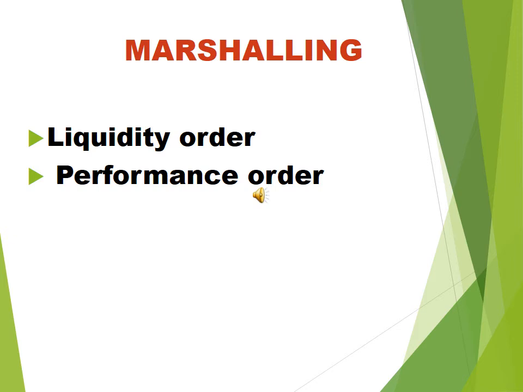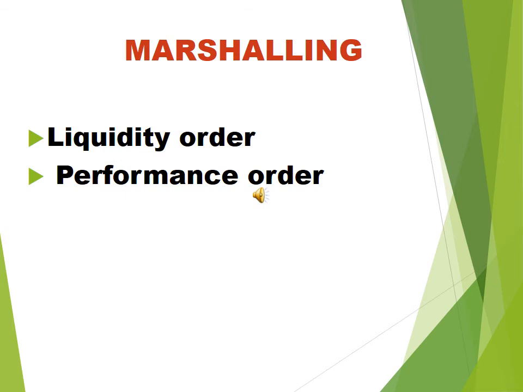If you take the liquidity order, in the asset side, the most liquid asset first and the least liquid asset last, which means most liquid is cash in hand and the least liquid is goodwill. On the liability side, the most urgent first and the least urgent last.